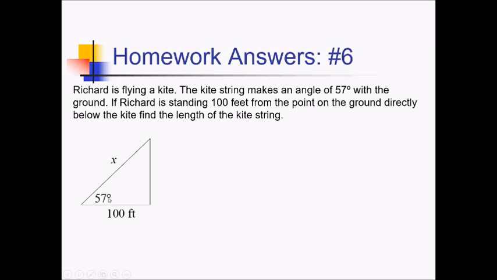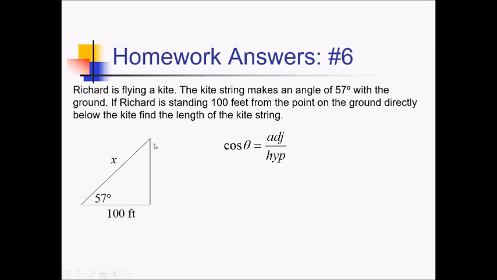Now to find that, using a little SOHCAHTOA here, we notice that we're looking for the hypotenuse, and we have this side down here, which is touching the angle, but it's not the hypotenuse, so this is the adjacent side. If we have adjacent and hypotenuse in the problem, we're using CA from SOHCAHTOA, so that's cosine of theta equals adjacent over hypotenuse.